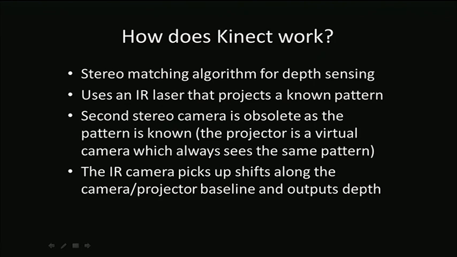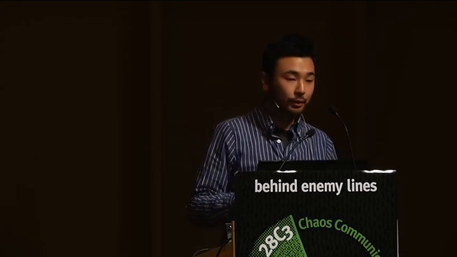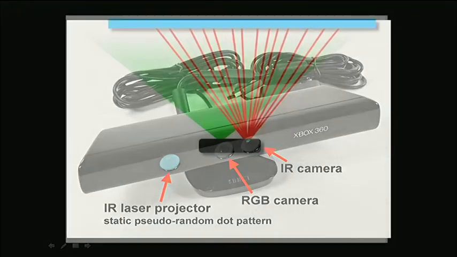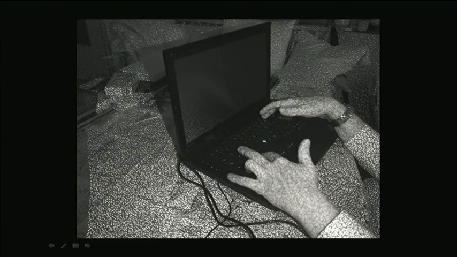So the camera, which sits where the laser projector is, would see exactly the same pattern at any time. So we can just get rid of the second infrared camera. So the infrared laser projector becomes virtually the second video camera. So it's quite easy, and the depth calculation happens on the device.